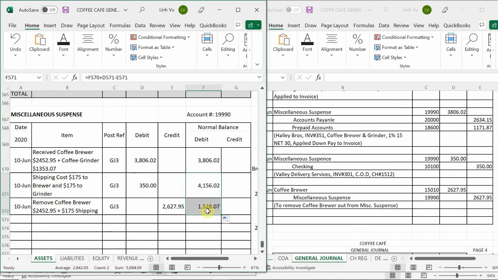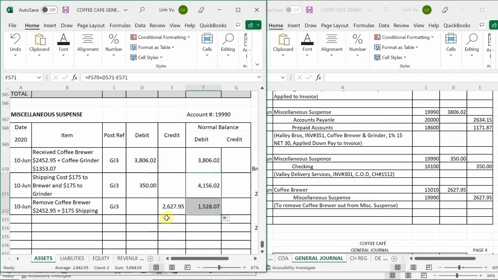Now, if you think about it, add up your entire coffee grinder, right? If your coffee grinder is 1,353.07 plus that 175, that should be left over remaining in your miscellaneous suspense account, right? I should have my coffee grinder there, okay?